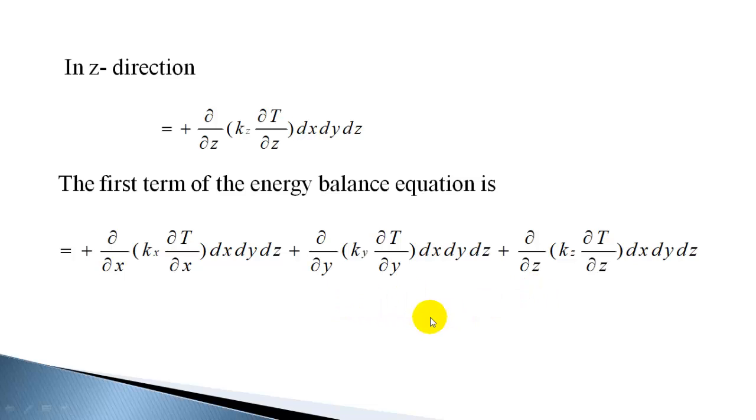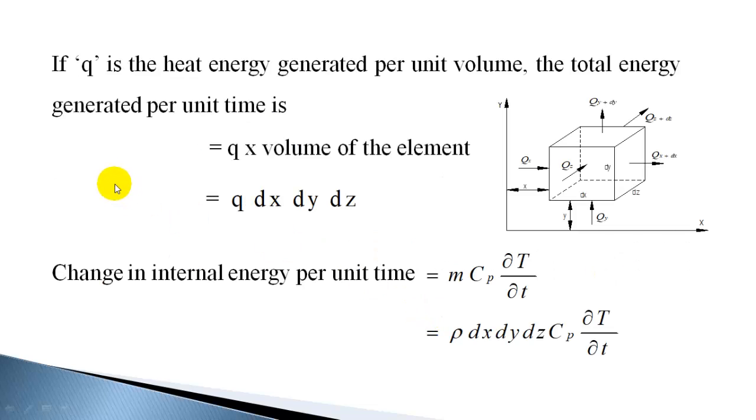Let us move on to the next term, taking Q as the heat generated per unit volume. This element is having a size. If in unit volume the energy generated is Q, then the total heat energy generated due to the heat source will be whatever quantity is generated per unit volume multiplied by volume.